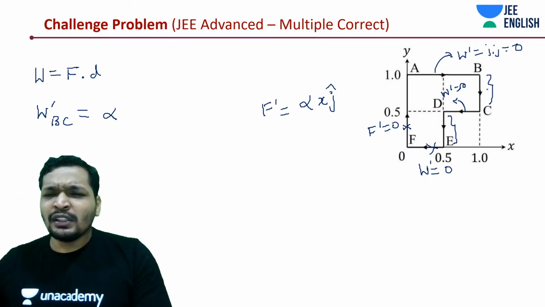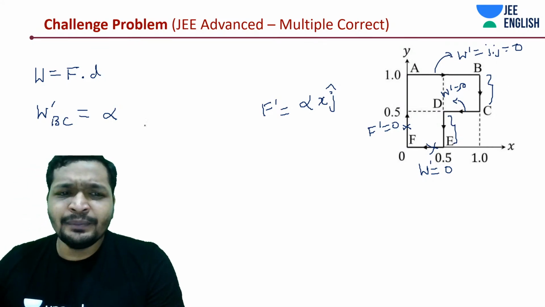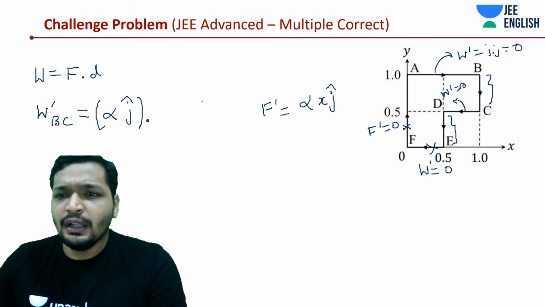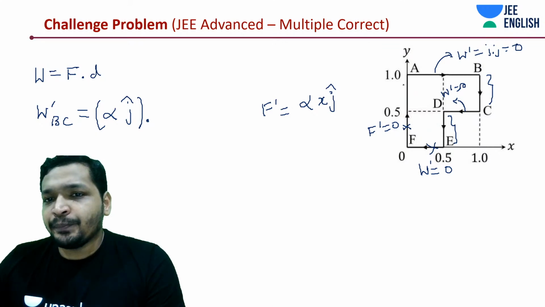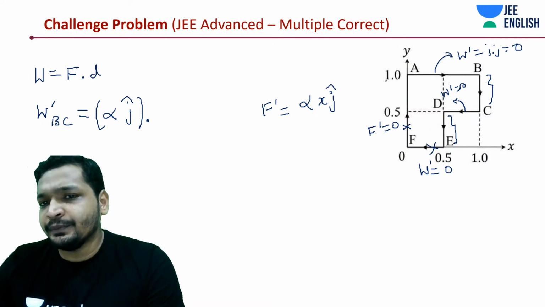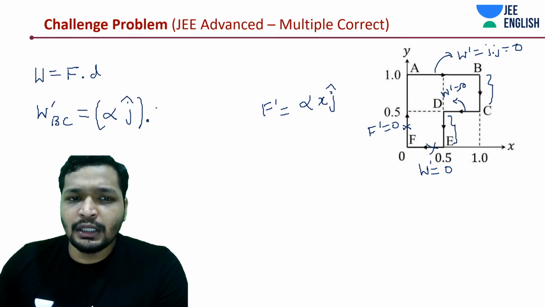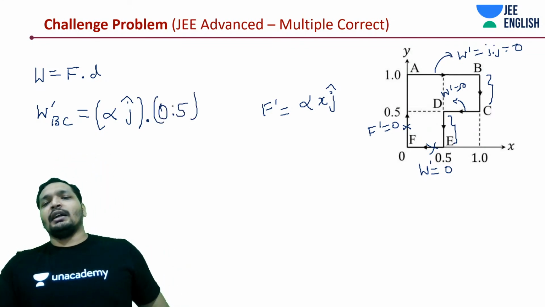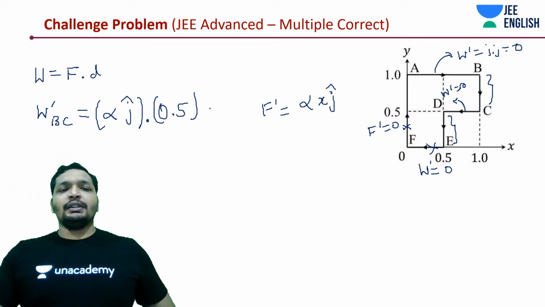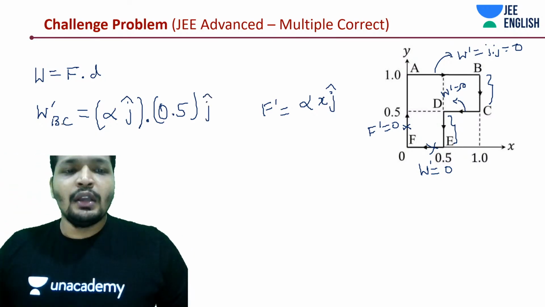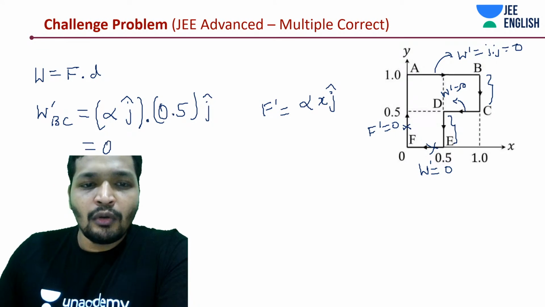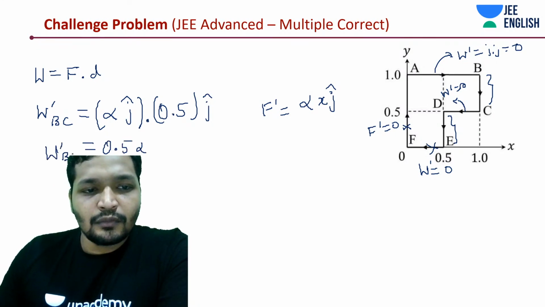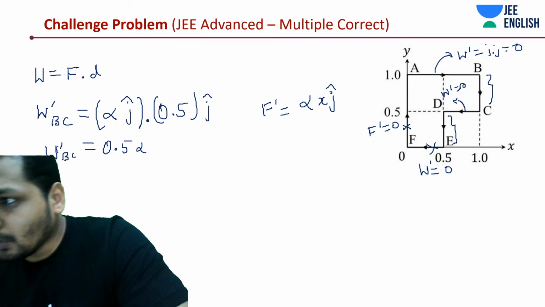So what is x over here? x is equal to 1. So 1 j cap dot how much distance? Distance is 0.5. Here also it's 0.5. It's 0.5 on both E and D. I'm not writing down that j dot j. Anyway, this is going to be 0.5 alpha.